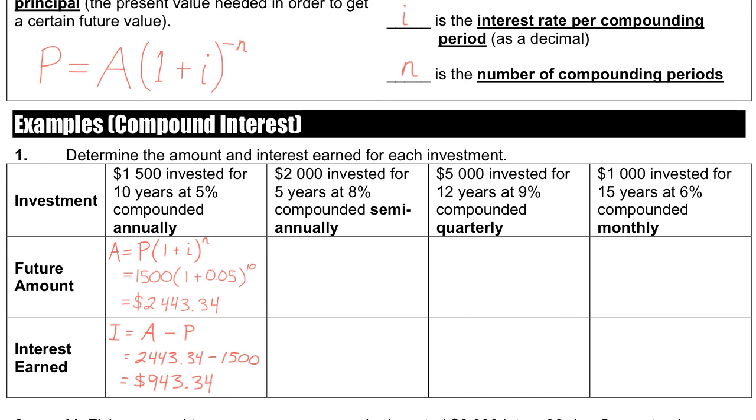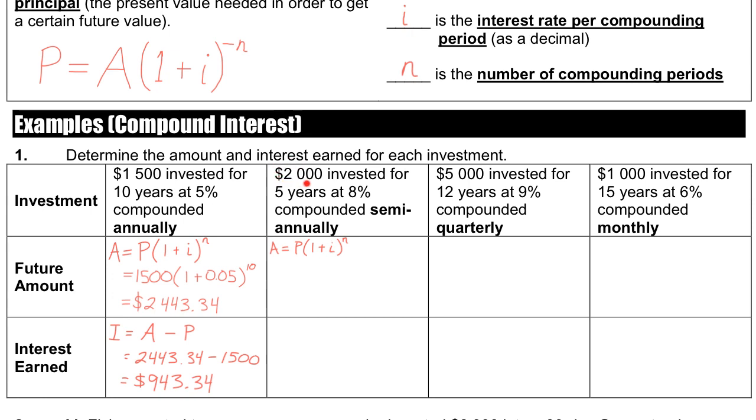The real difference is, well, the numbers are different, but also the compounding is different. So whereas in the first example, the interest is compounded annually or once per year, in the second investment, it's compounded semi-annually or twice per year. So to calculate the future value, we're going to start with the same formula, but the numbers are different.